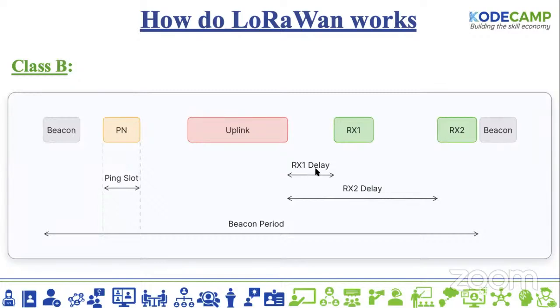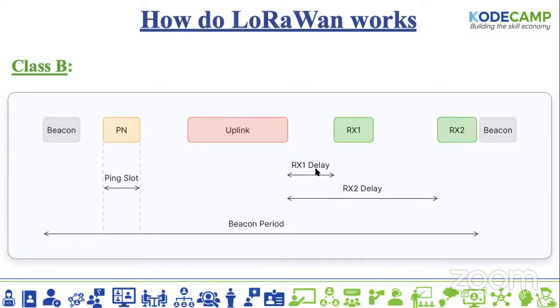So it uses time synchronized beacons to transmit data by the gateway. Now this device periodically opens receive windows. The time between two beacons is known as a beacon period.